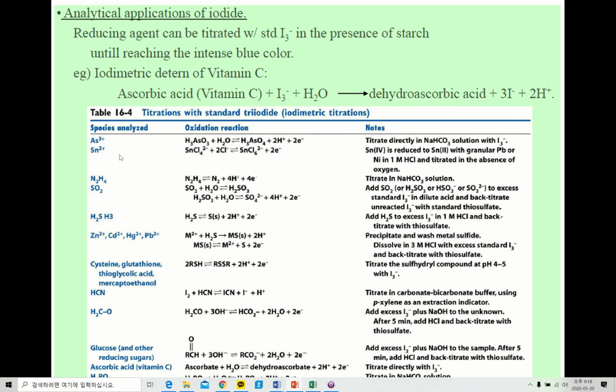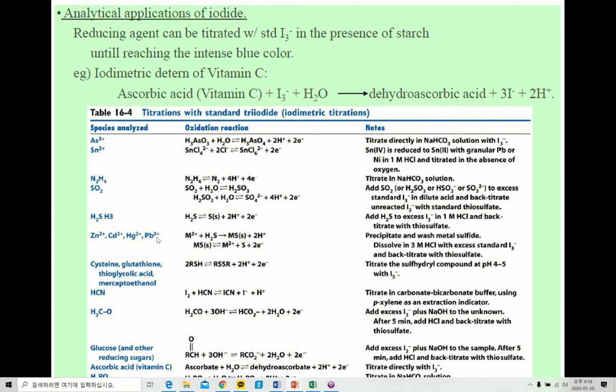There are a lot of species that can be analyzed: arsenous, stannous, hydrogen sulfide, sulfur dioxide, various metal ions, cysteine, glutathione, thiogluconic acid, thioglycolic acid, mercaptoethanol, cyanic acid, like that.